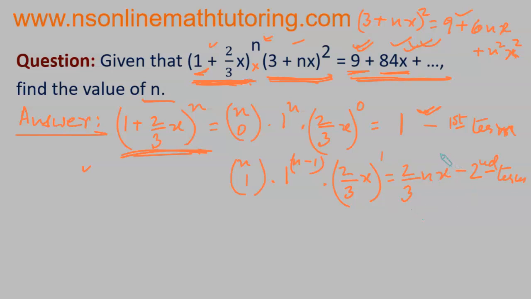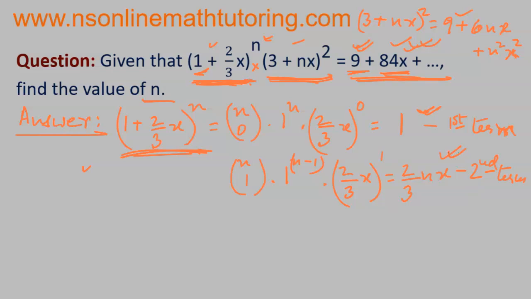Since this contains x, with what should it get multiplied to give the term with x? Obviously, it cannot get multiplied with a term which contains x or some powers of x.